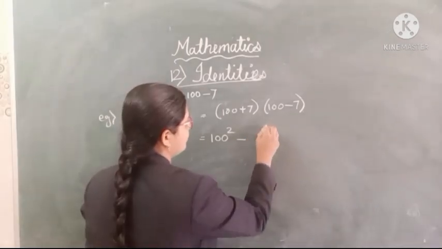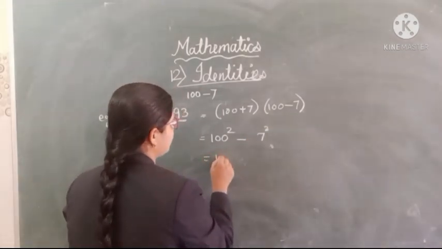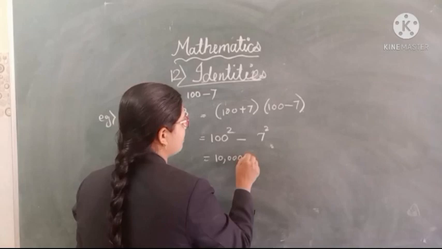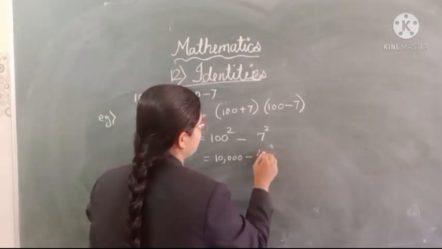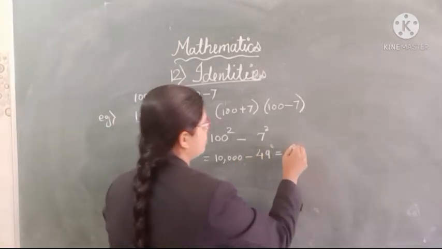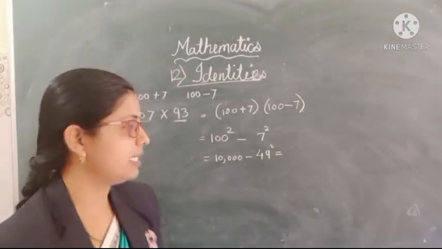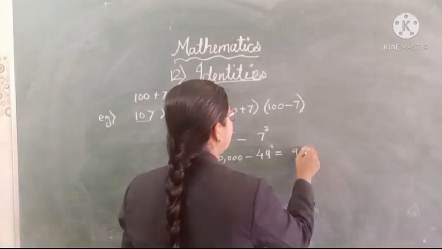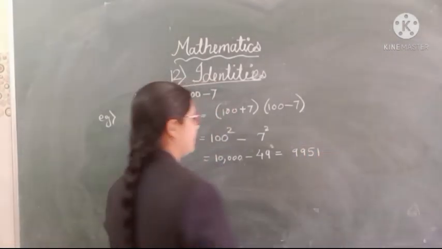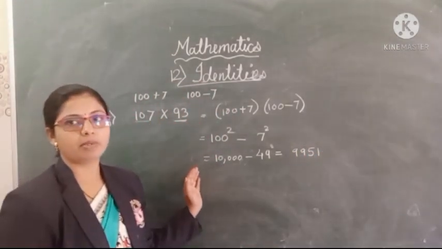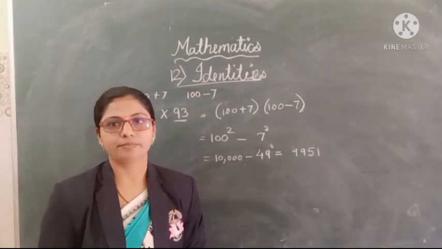So it will be 10,000 minus 7 sevens are 49. So when you do the subtraction, you will get the answer as 9951. Okay, so in such a way you people have to solve this example.